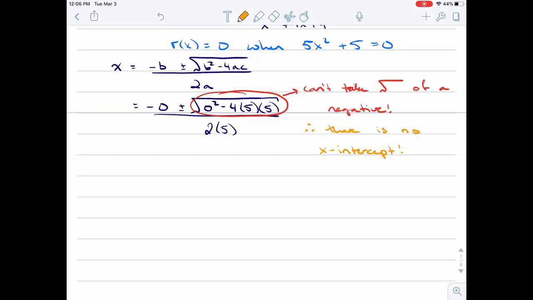What this tells me, if there's no x-intercept, likely what's happening is you've got something like this and it never crosses the x-axis, or something like this, with a horizontal asymptote above or below the x-axis. So already, I can have a good idea of what it's going to look like. Otherwise, it would have to cross the x-axis at some point. But we'll see.